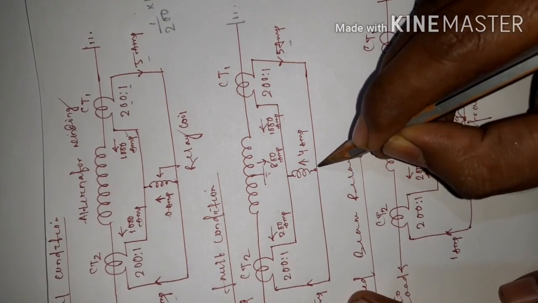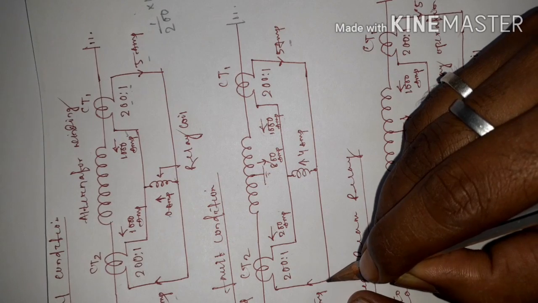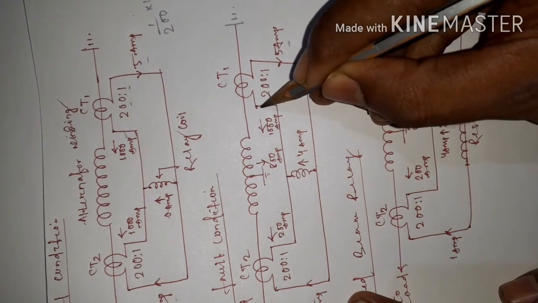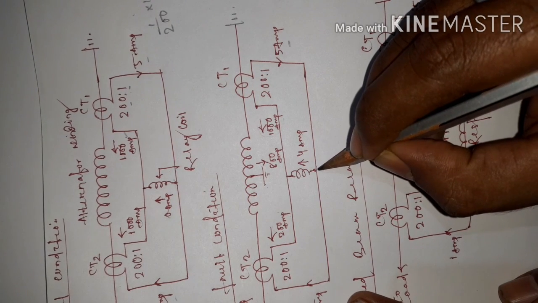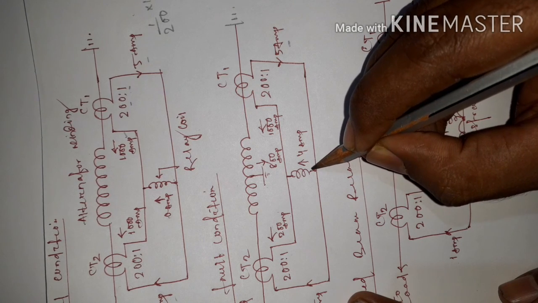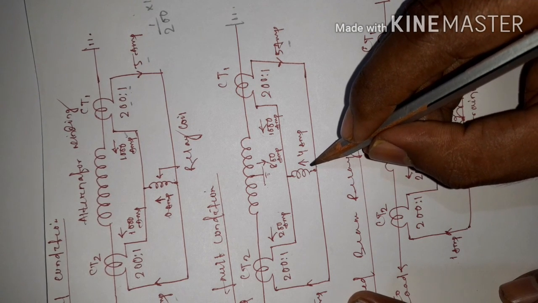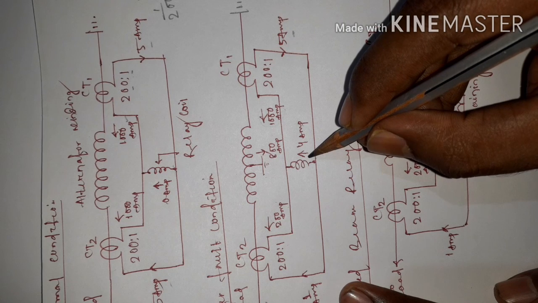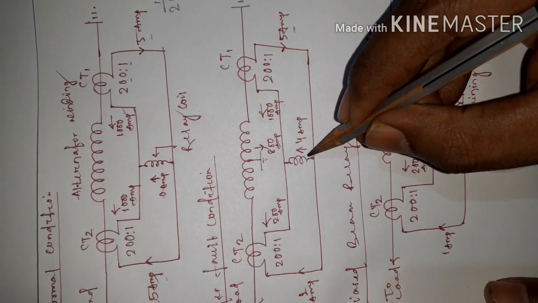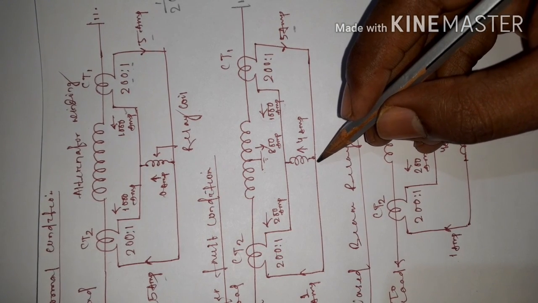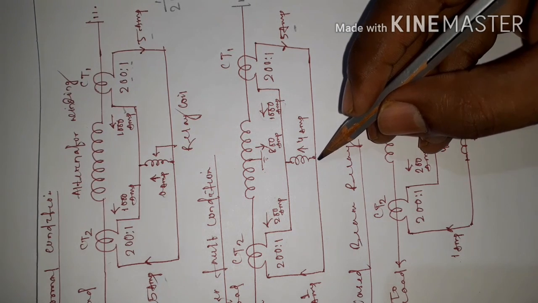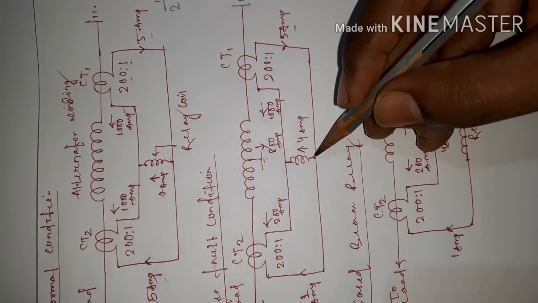After that, 1 ampere current passes to CT2 in this direction and closes the path, whereas the remaining 4 ampere current passes through this relay coil. So this relay coil is energized and the relay is able to operate, and the circuit breaker receives a signal from the relay coil and separates the faulty section from the healthy section.